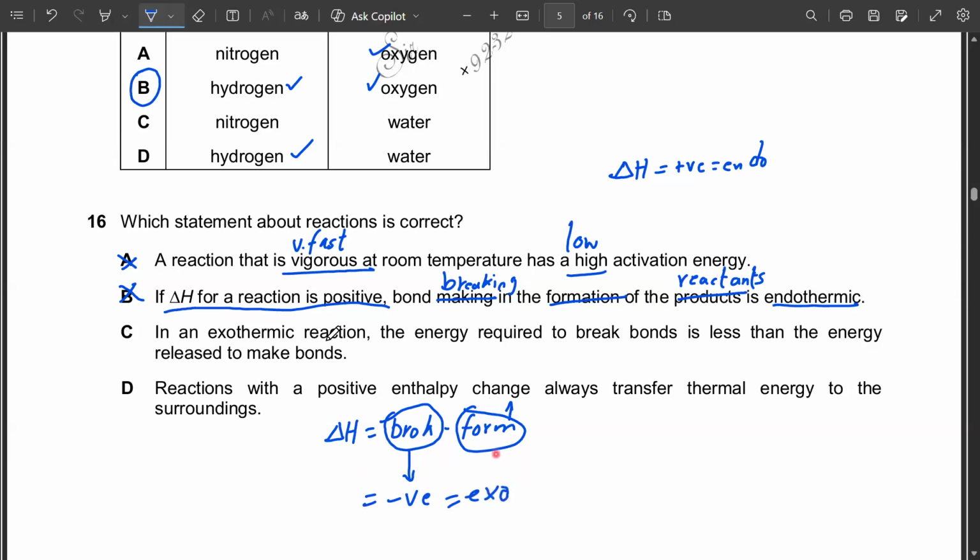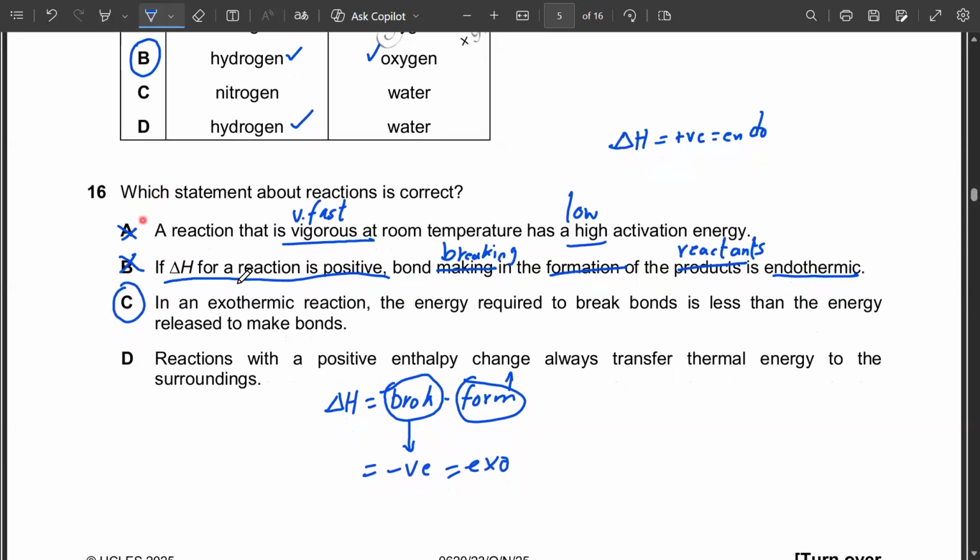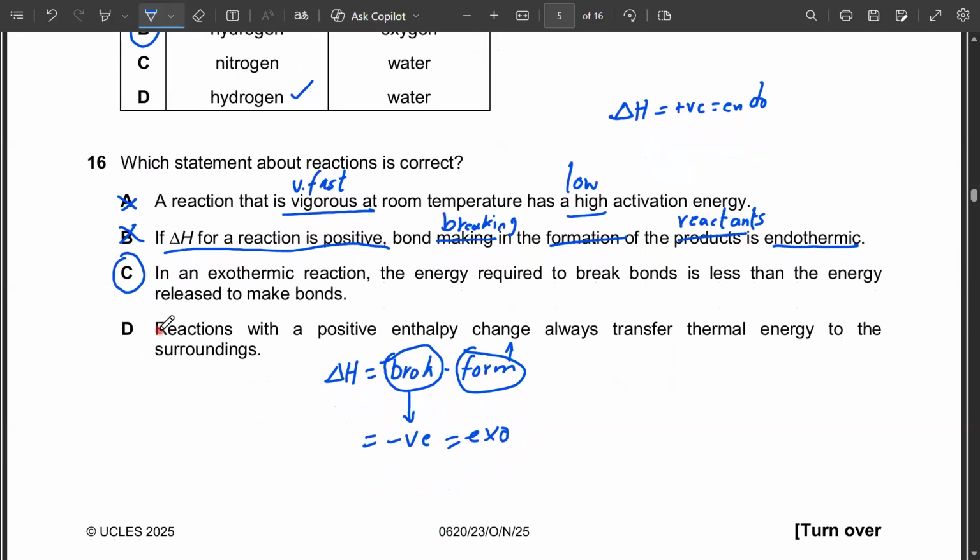So this statement is correct by all means. So C is the correct option. But even then, we will need to validate the last option D. It says reactions with a positive enthalpy change, that is endothermic, delta H is endo, and it means there is always transfer of thermal energy to the surroundings.